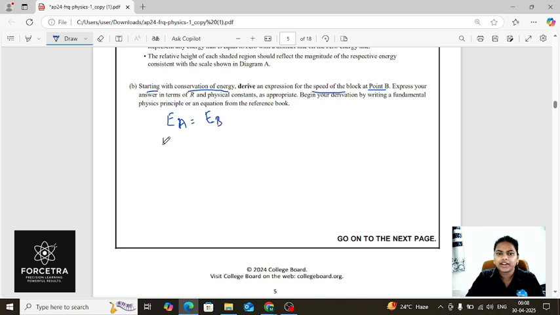So at point A it is just UG, and at point B it is potential energy plus kinetic energy, right? At this point it is mg 6r, and at this point it would be mg 2r plus the kinetic energy, half mv squared. We have to find the speed.